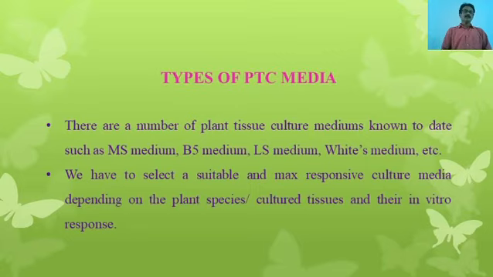There are n number of culture media. Till date, for example, MS medium is there, B5 medium is there, LS medium is there, White's medium is there. We have to select a suitable and maximally responsive culture medium depending on the plant species or the cultured tissues and their in vitro response to that particular medium.